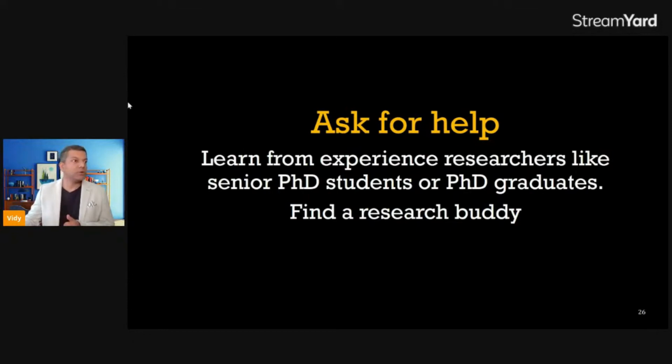You should also find a research buddy or a research friend. Ideally, somebody who is starting the PhD at the same time. That way, you are both at the same level and the same stage of your PhD progress, and then you have somebody to talk to. It's a good idea to have someone like that.